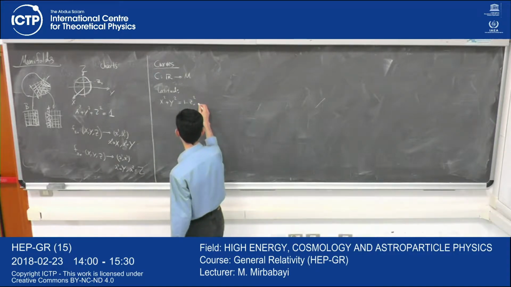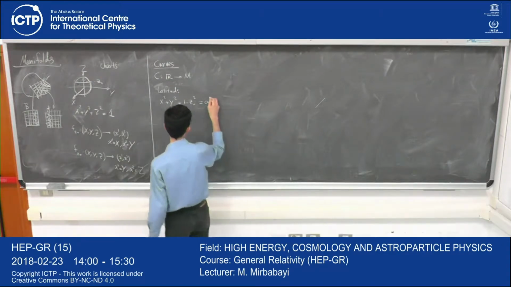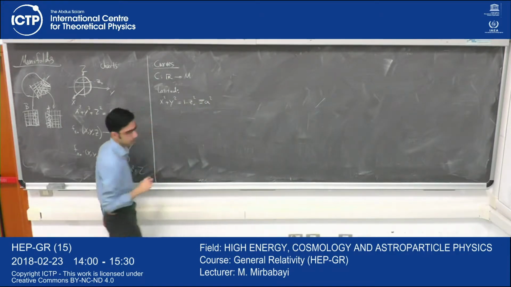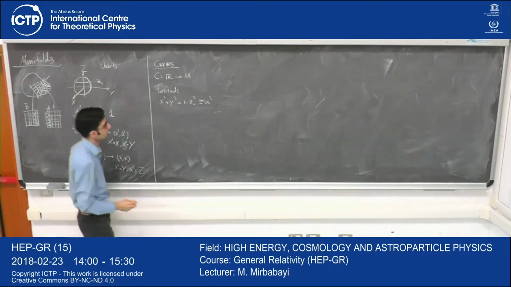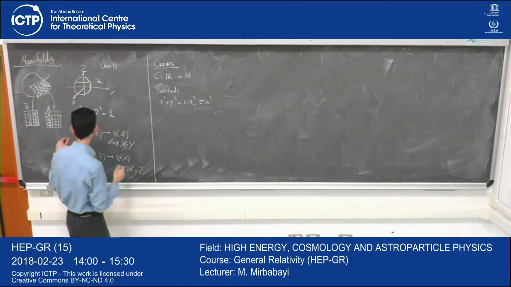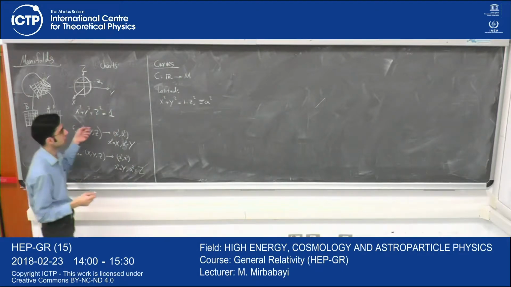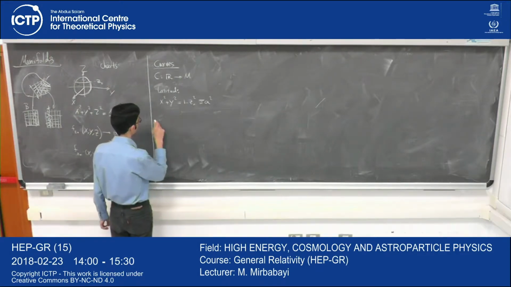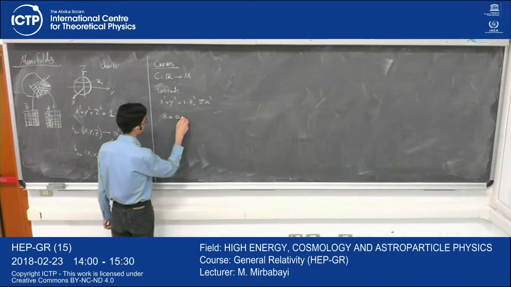Let me define A to be 1 minus z0 squared. Then in this z-plus chart, this latitude is just parameterized in the following way. It's the set of points that corresponds to x equal A times cosine of some parameter.